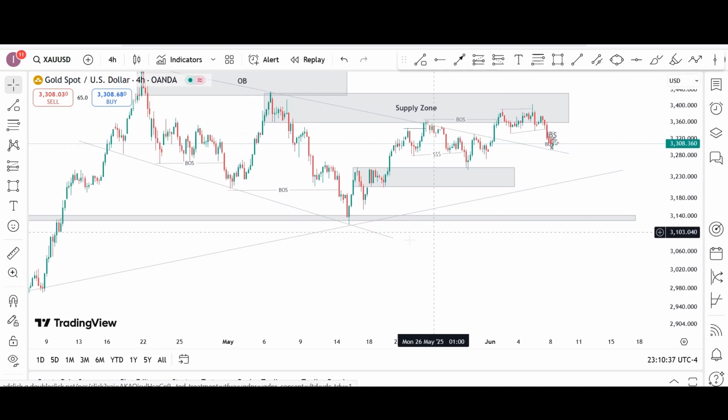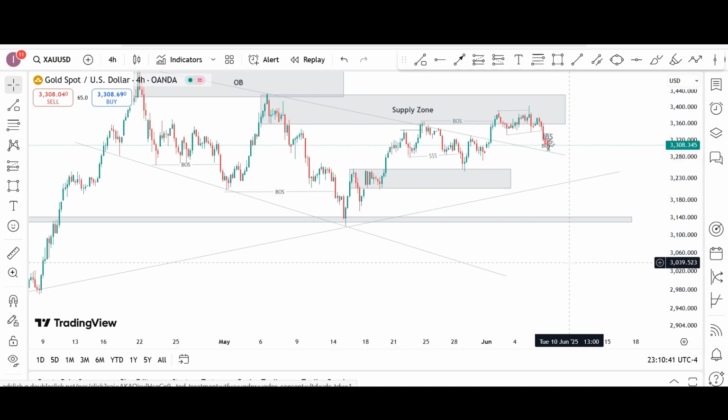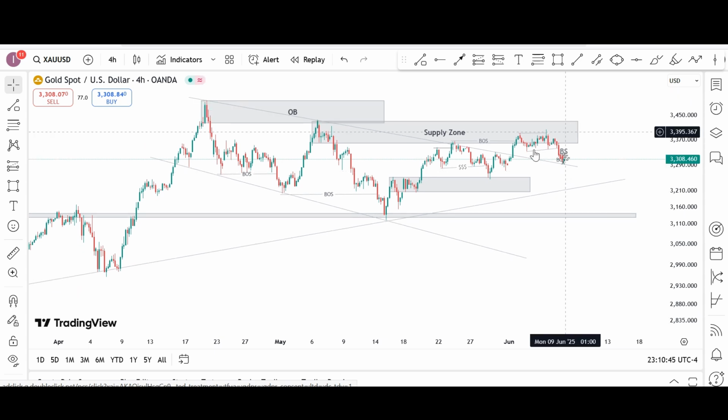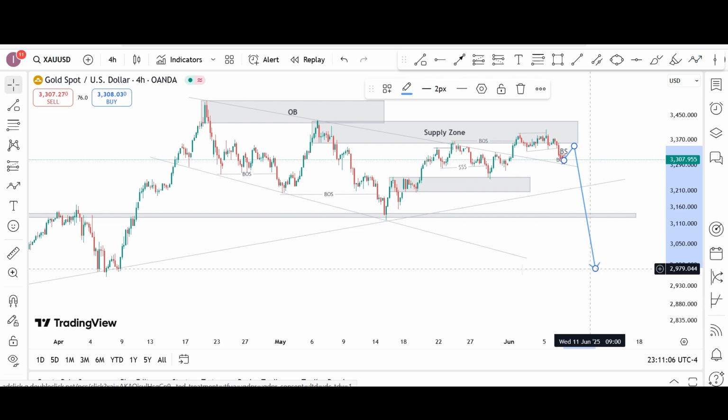So it is very, very possible for price to make this a fake out, and make this a fake out. Let me take out all this. So price can make this a fake out and slowly grind to the downside. Come back here, then we have a massive pull to the downside.